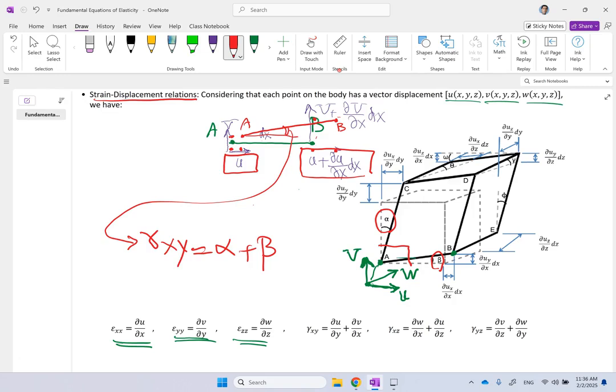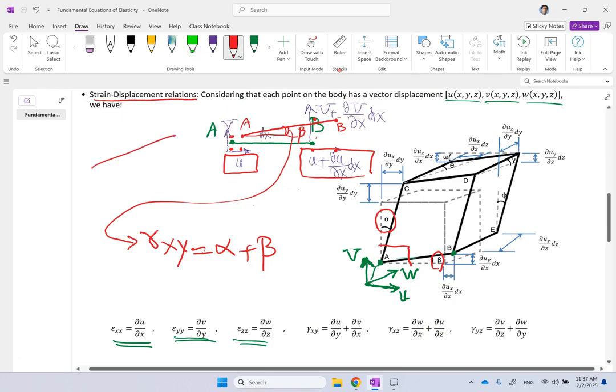The question is, how much is alpha, how much is beta? Well, this angle is beta based on that picture. So how much is beta in this case? Well, if you look at this triangle that you have, where this is point A, the new A prime you might call it, and this is the B prime. So what is the difference in the y displacement between A and B?